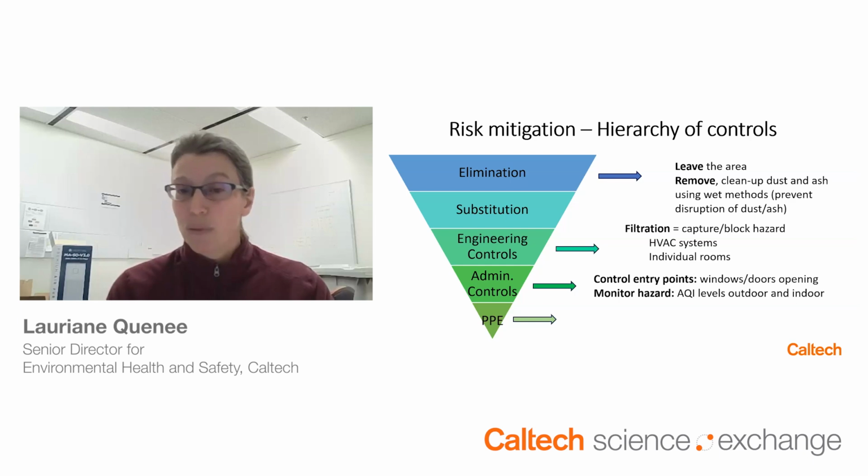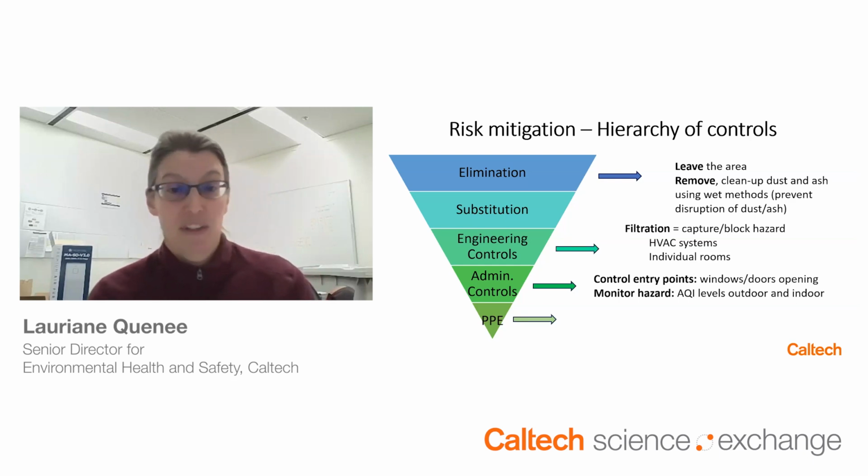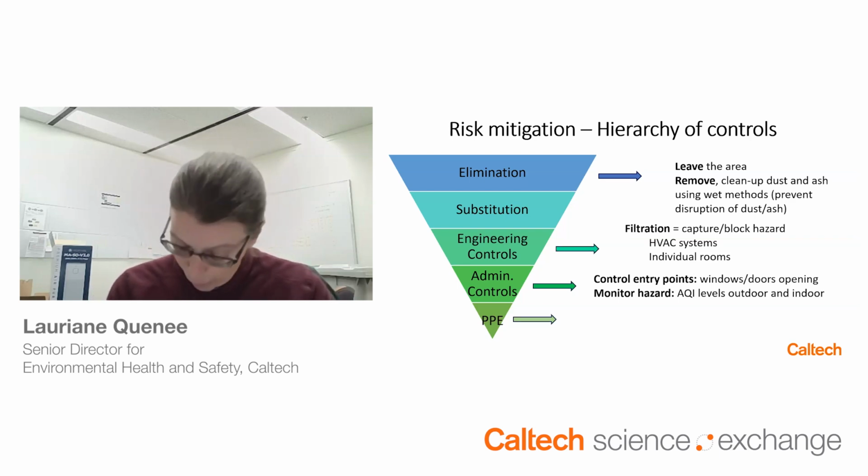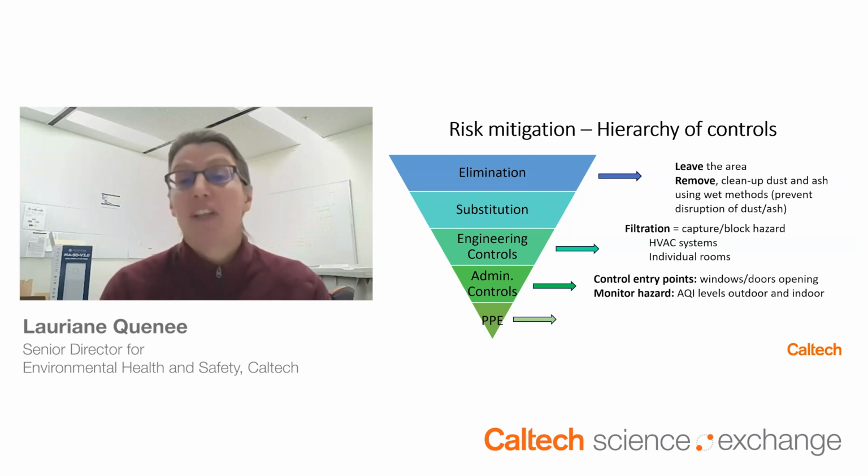In an individual home, it's a little bit different because you don't necessarily have a full HVAC system. And so what you want to do is open the doors and the windows to remove the contaminants if they're present inside the house, or keep the windows and doors closed when contaminants are outside, to prevent intrusion of those outside contaminants indoors.